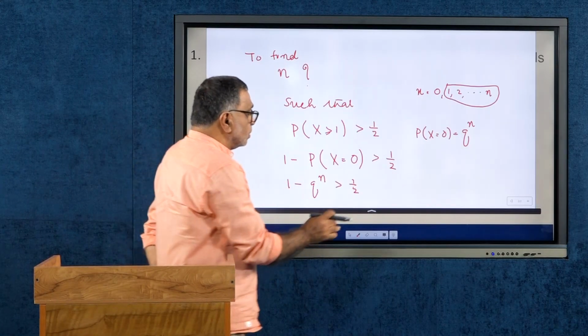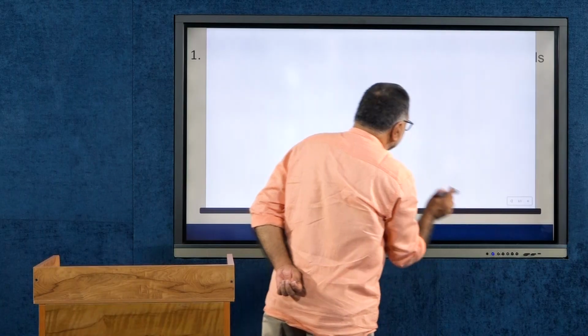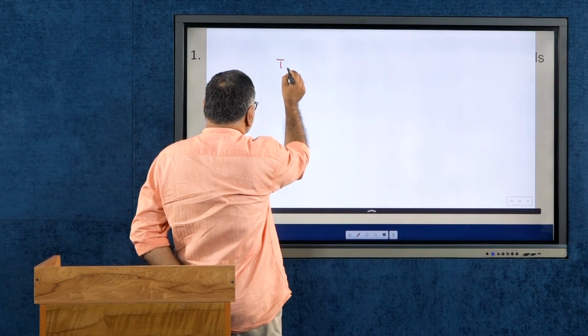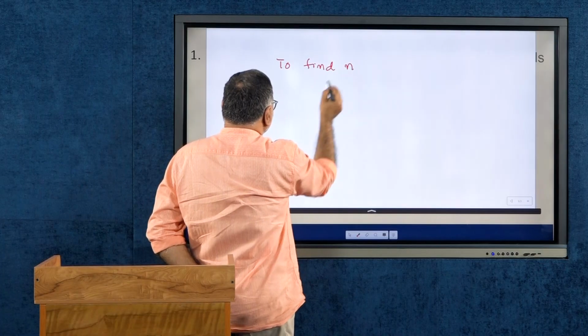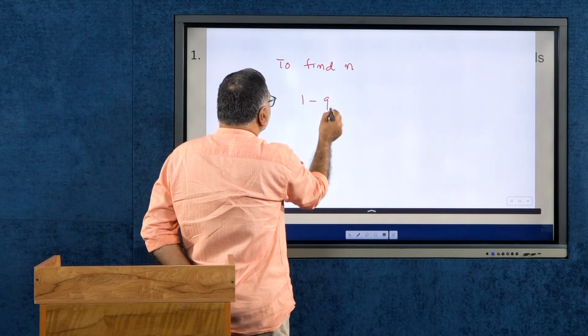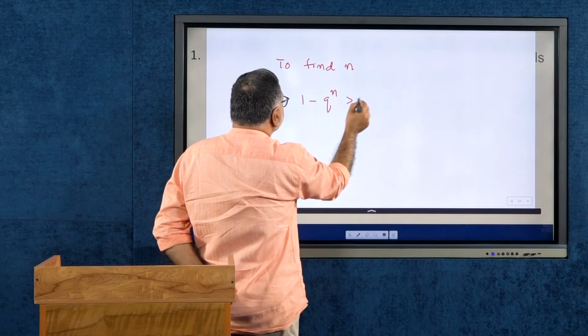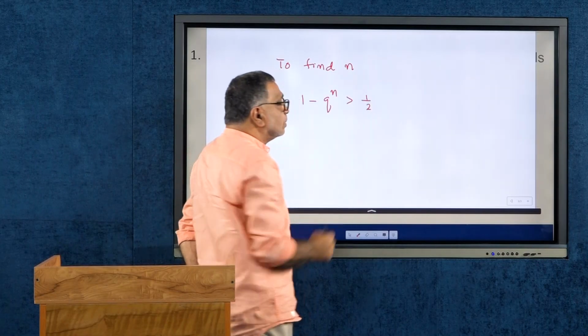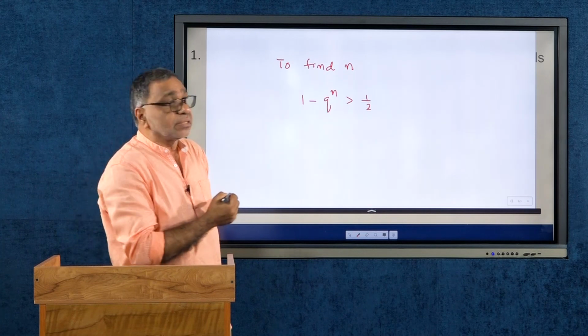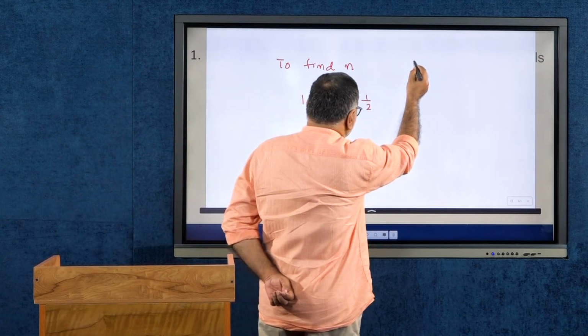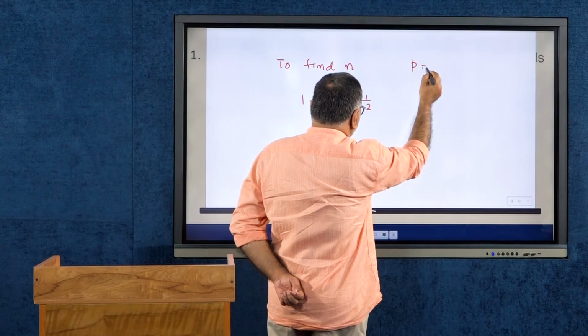So, actually the question is to find n in such a way that 1 minus q power n is greater than 1 by 2. And you are given that the probability of getting success of that experiment is 0.01.